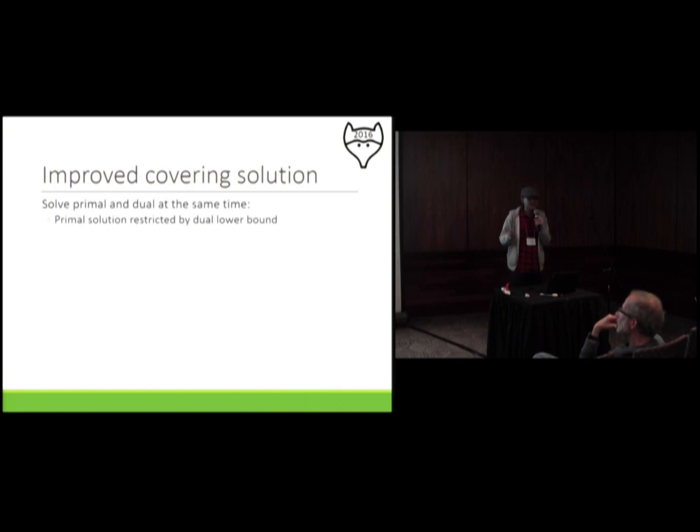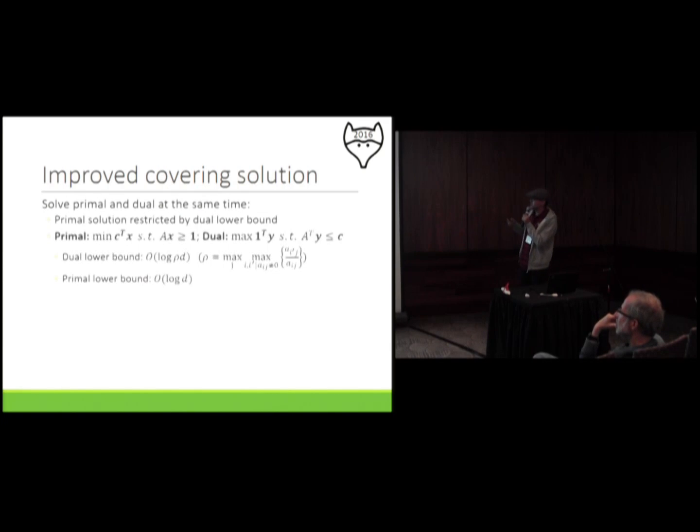The previous things are about the packing solution. And we can also get something about the covering solution. We know that if we solve the covering and packing problems at the same time, for the primal problem, we cannot beat the lower bound of the dual problem.